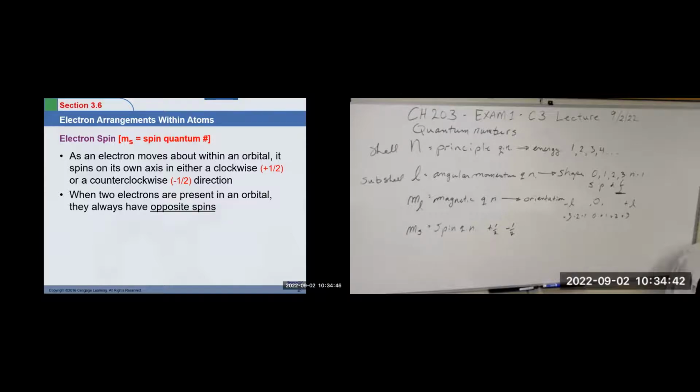Now it's minus 1, 0, plus 1. That's 2, 4, 6. And then if we go back up to 0, that's S. They can only have one level of the magnetic quantum number and 2 electrons. 1, 2. There you go. That's why the periodic table is structured that way, based upon this arrangement of electrons.